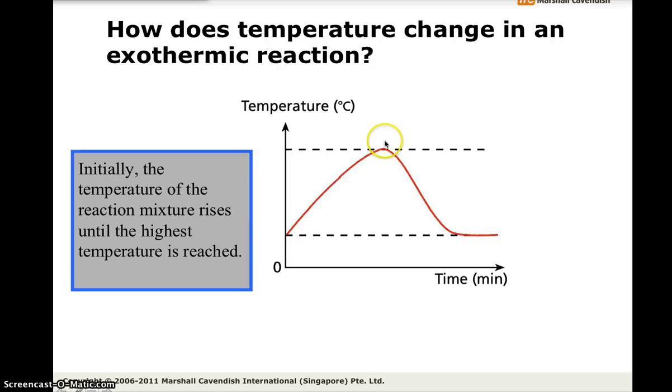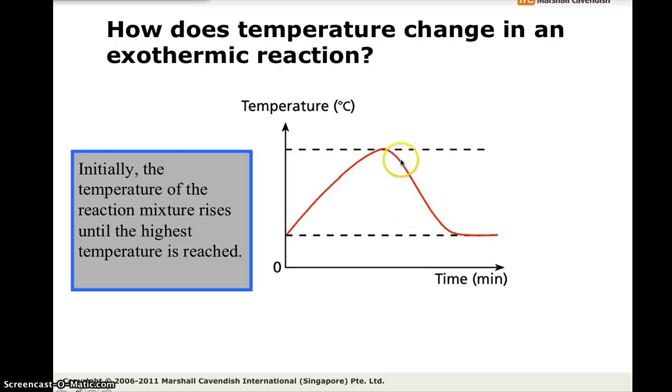This is where the reaction is completed, because over here there is no further increase in temperature. Now the question is, why is it that the temperature doesn't remain constant like this? Why does it drop?